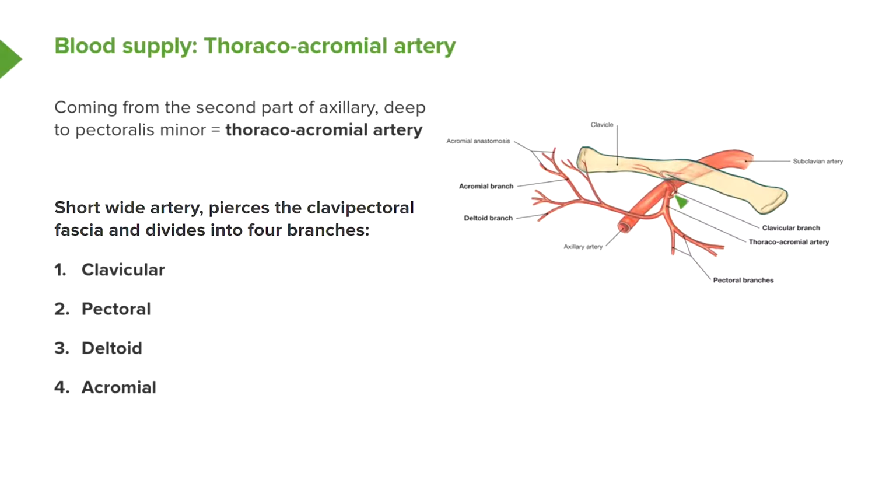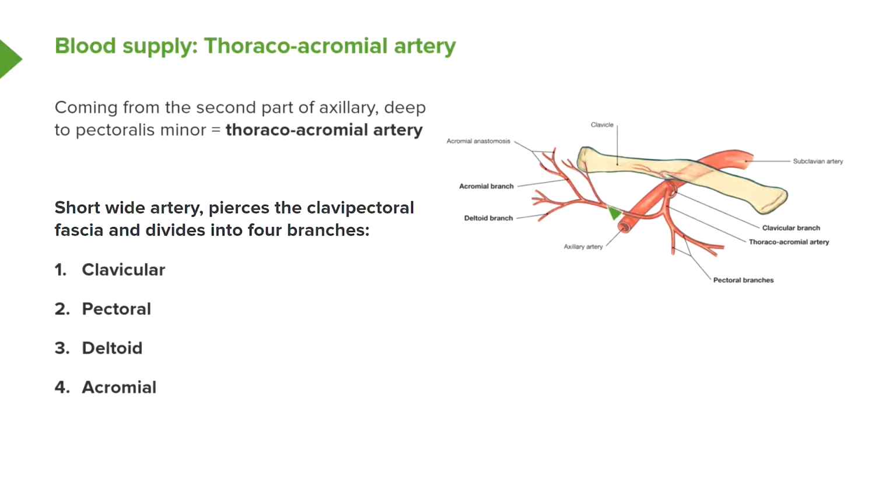We can see we've got a clavicular branch, and if you remember looking at the clavicle in the first lecture, we had that nutrient foramen, and this is where the clavicular branch passes in to supply the clavicle. We can see it then comes away, and we have these pectoral branches that go and supply pectoralis minor and pectoralis major, the pectoralis muscles on the anterior chest, and we can see it then turns laterally and it goes towards the deltoid muscle.